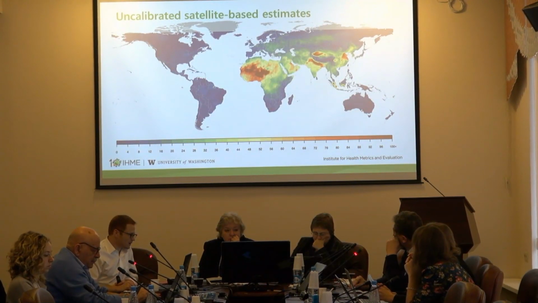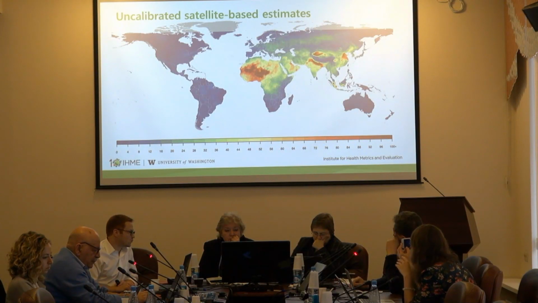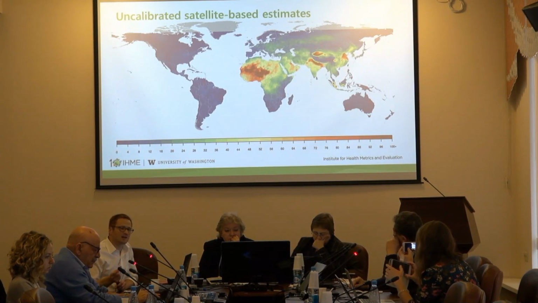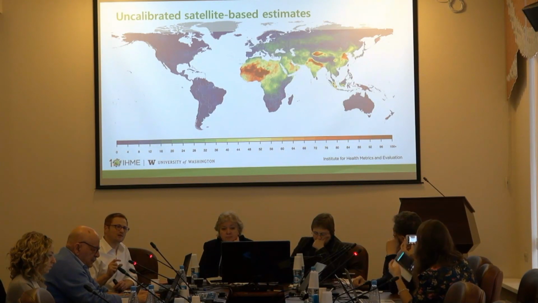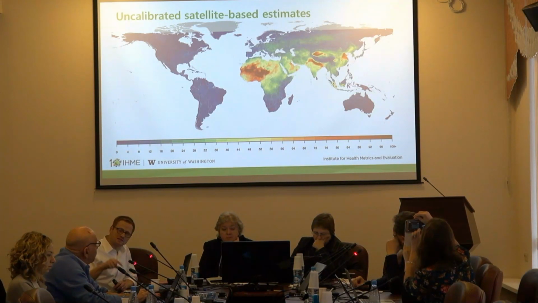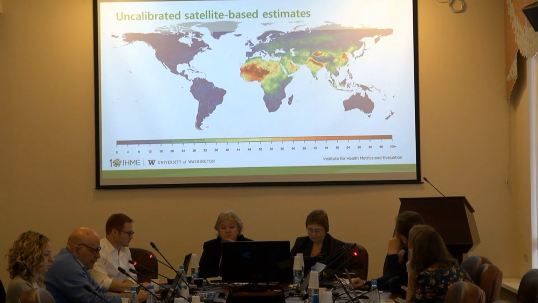In the case of air pollution, the way the modeling process works is we start off with uncalibrated satellite-based estimates of PM 2.5, and these are based on optical density, satellites looking down through the atmosphere.